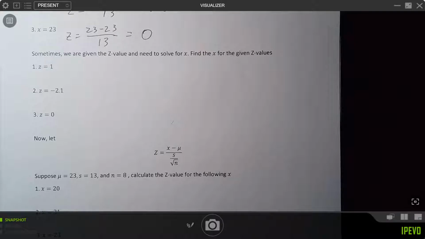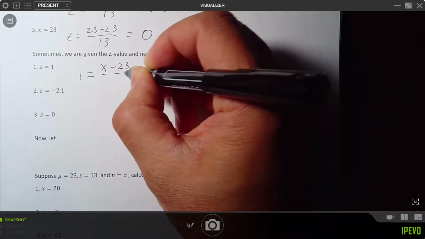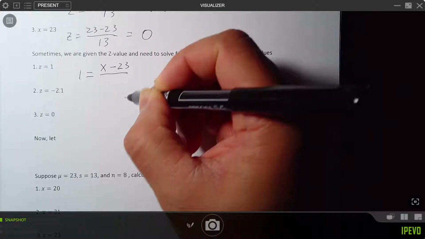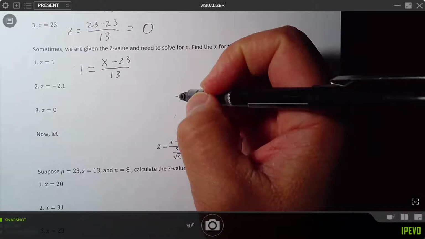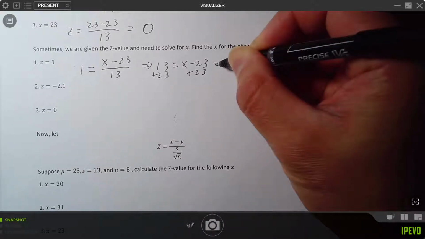Mu is still 23, sigma is still 13. Just remember your algebra. Multiply both sides by 13, that gets canceled out. So I get 13 equals x minus 23, plus 23 on both sides. Then that gives me x equals 36.